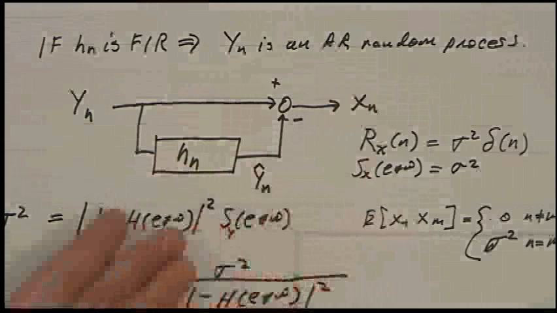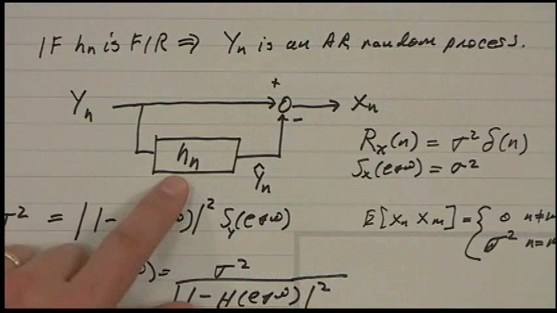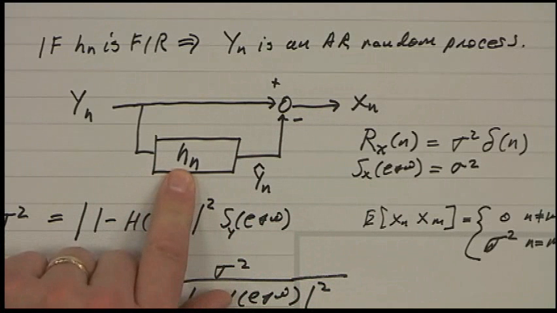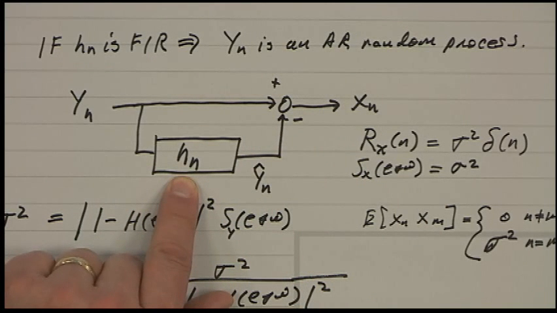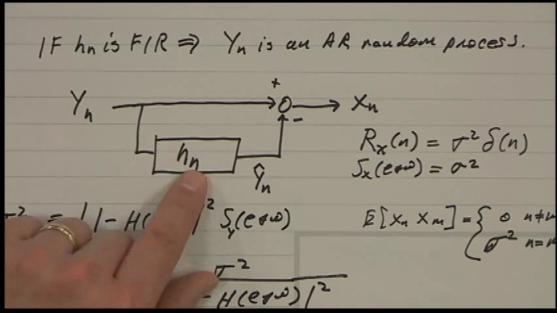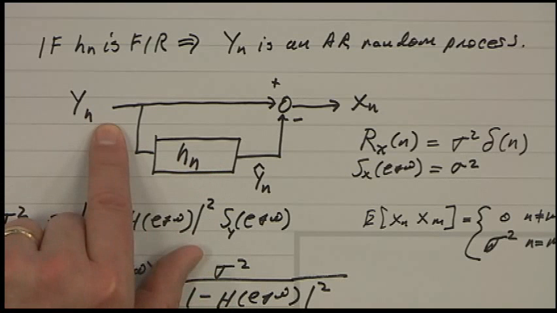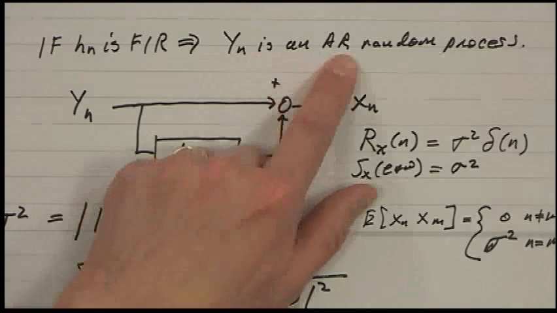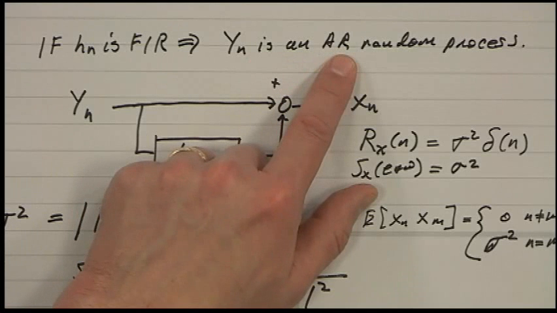So in practice, as an engineer, let's say that h here is always going to decay away as n gets large. So let's say you take the first 100 terms. Well, with 100 past values, you're probably going to get a pretty good estimate of the prediction. So any random process can be approximated by an AR random process to some degree of accuracy.